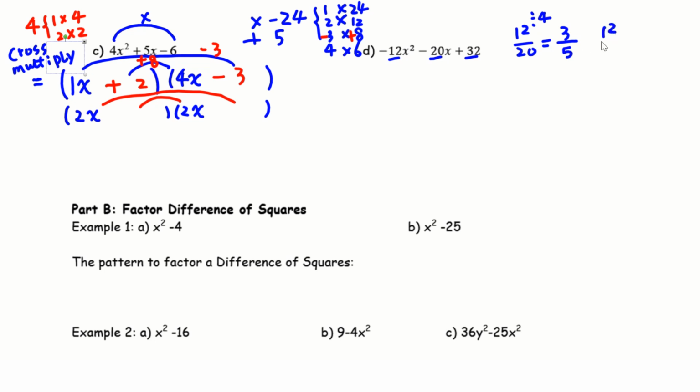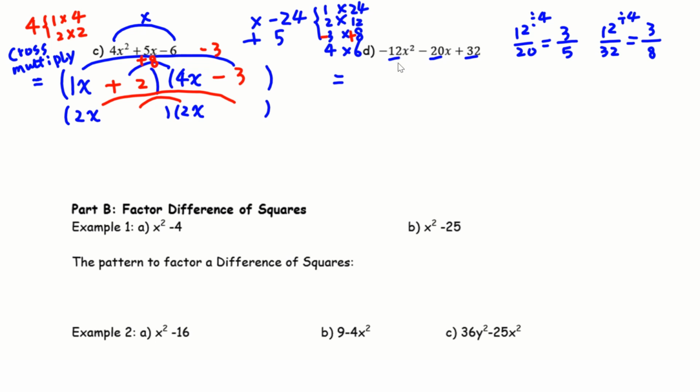And try 12 over 32 on your calculator. Type in as a fraction, it will give you 3 over 8. Then 12 to 3 is divided by 4 again, so you will see that 12, 20, 32, they have factor 4 there. So greatest common factor will be 4.